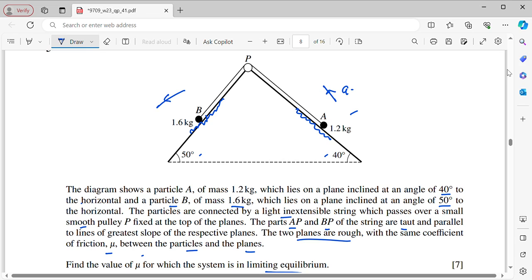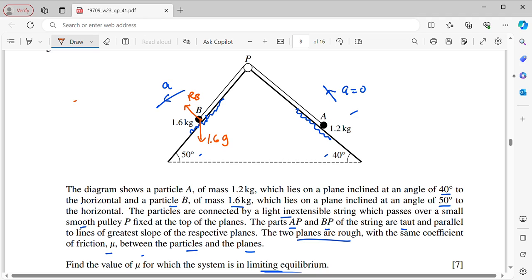Okay, so now acceleration a equals 0. Because they are not moving, limiting equilibrium means just about to move. So if not moving, definitely a equals 0. Then for the 1.6 kg, this is the weight, 1.6 g, and this is the R, RB.